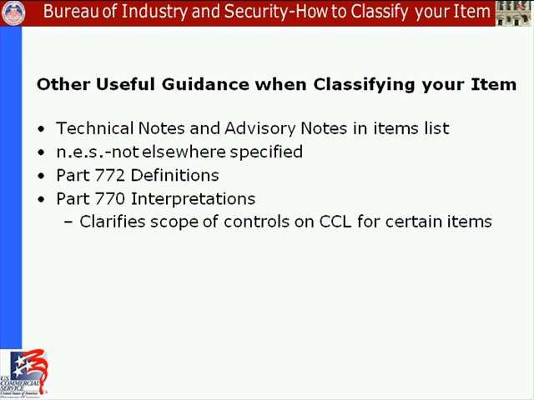Again, sometimes we have items that are excluded. In the item description, you read it and find out your item is caught in the detailed description. But then maybe at the bottom it will say, yes, your item is caught, but we exclude this item. For example, in 2B001, we catch many different machine tools.